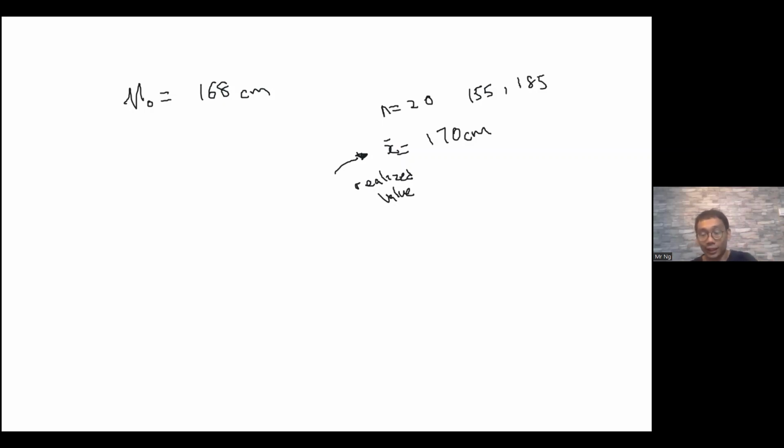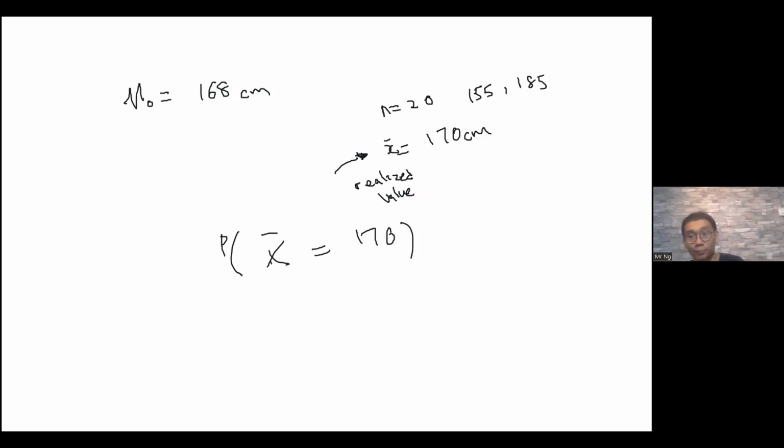If you collect another 20 samples, this realized value may vary. So now you are doubting yourself: what is the chance of you getting this sample?